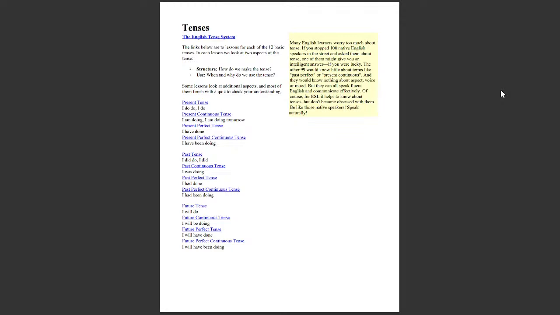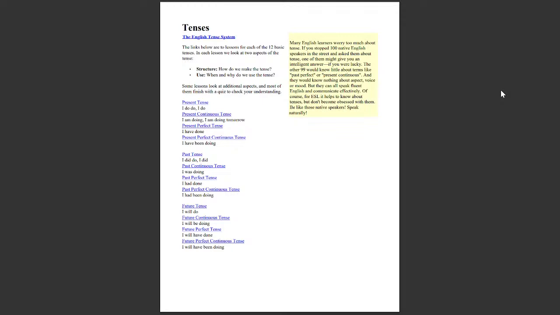I may not be able to say everything, but maybe the tenses classes would take 4 or 5 parts, because in one day, in one class, we cannot get all these tenses at once, right? So in each lesson we'll look at 2 aspects of tenses: structure and how to use it.